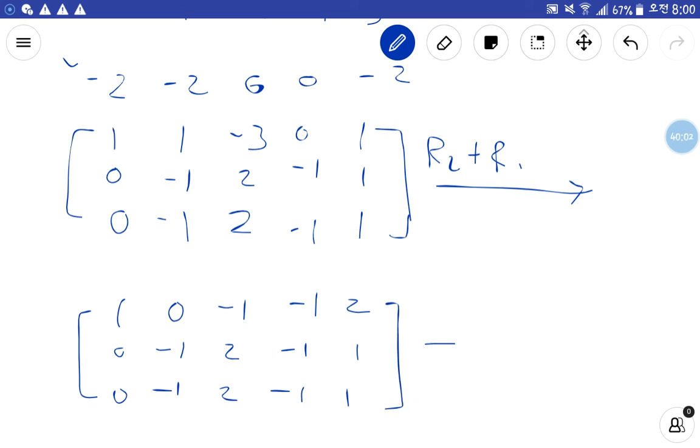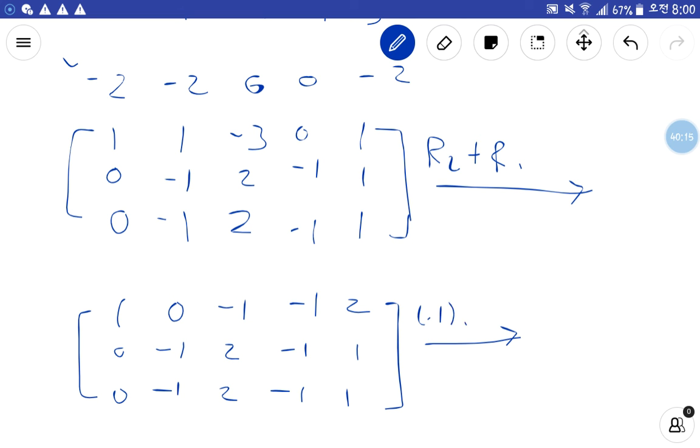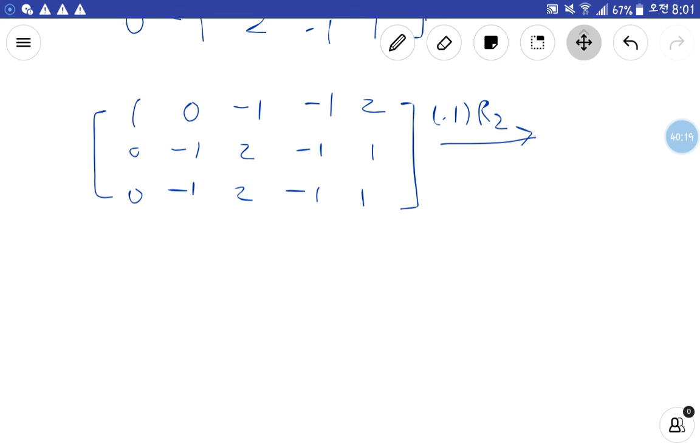Now, if you times -1 to the second row, you can change your second number -1 into positive. So I'm going to times -1 to the second row, changing everything into the opposite sign. Keep the first row.